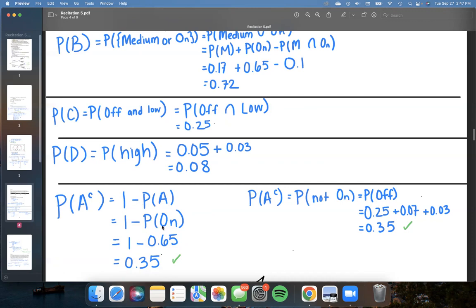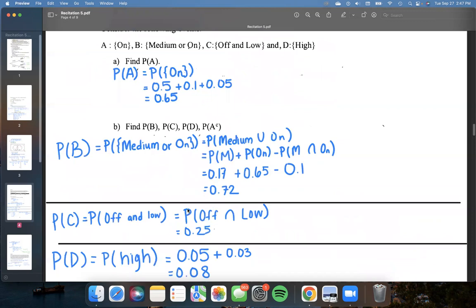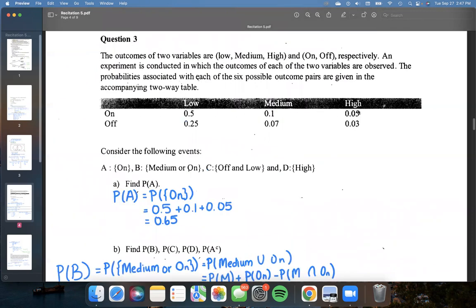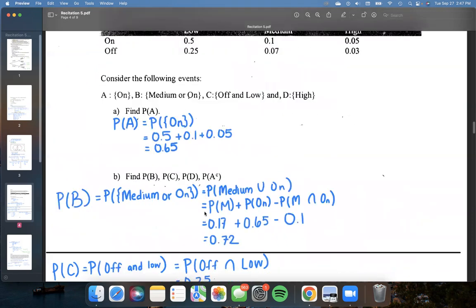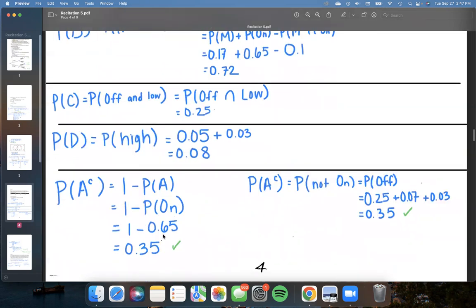Anyways, our probability of on is 0.65 because you would just add this first row. So 1 minus that is 0.35. Okay, another way to think about it is, the probability of A complement is the probability that we're not on.